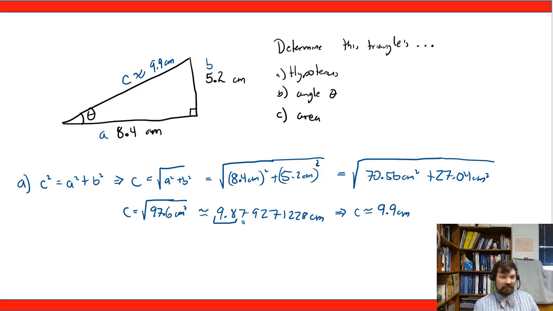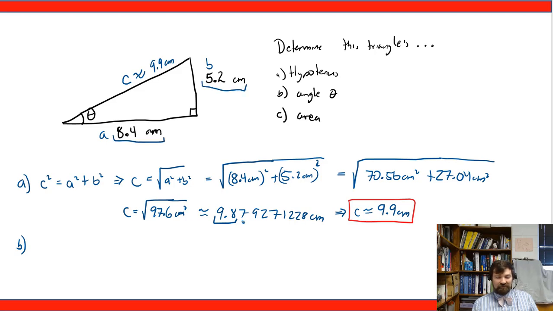Okay, so that's my answer to the first thing. Second item is to find the value of the angle theta. So I actually have all the sides now, so I could in principle use sine, cosine, or tangent, and they should all give me the same answer. I'm actually going to use tangent because it's using the numbers that I started with.